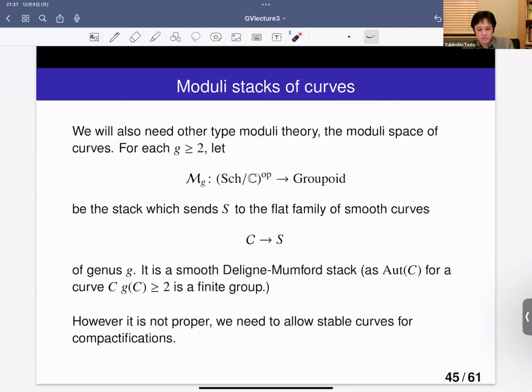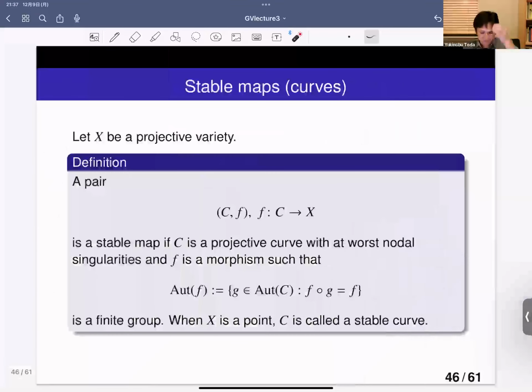However, this family of curves is not proper because the curve may degenerate to some singular curve. And we need to allow stable curves for compactifying the moduli stack of curves. So there is also the definition of stable maps. Given a variety X, we consider the pair of C and f.